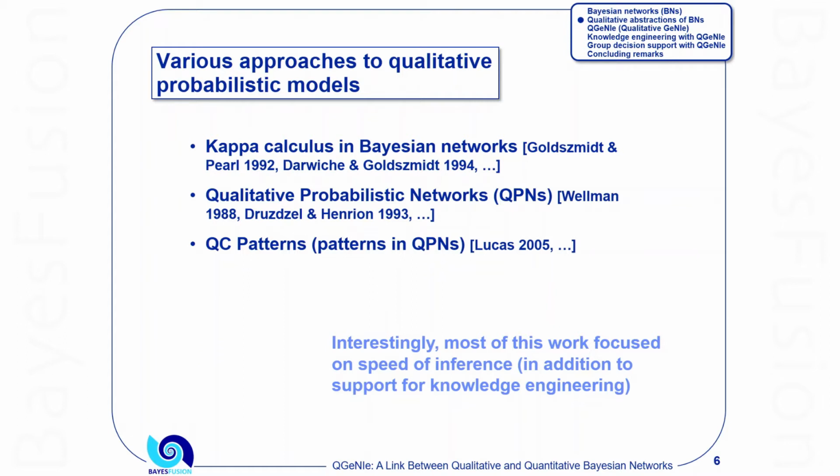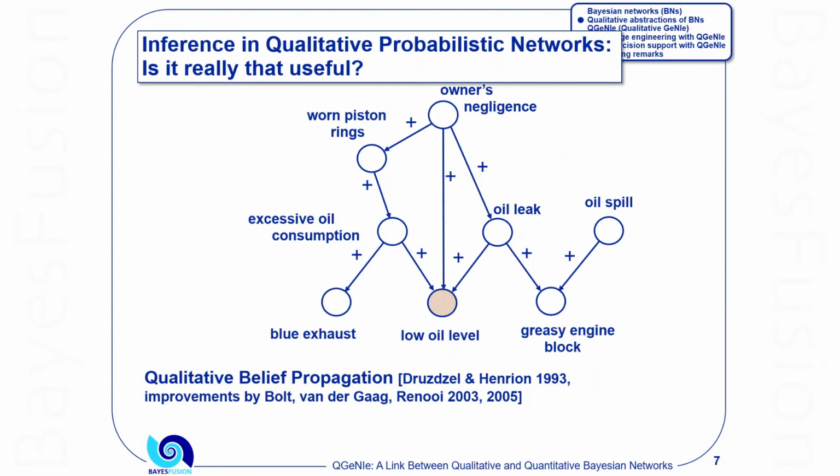And there's also work on patterns in QPNs, essentially extending, enhancing, discussing the QPN framework in the light of what we know about various types of interactions and canonical models by Peter Lucas, also followed up by other work. Interestingly, most of this work focused on the inference, which indeed is much less complex than general Bayesian network inference.